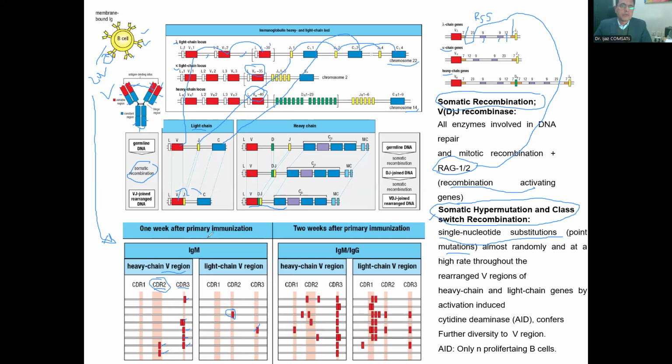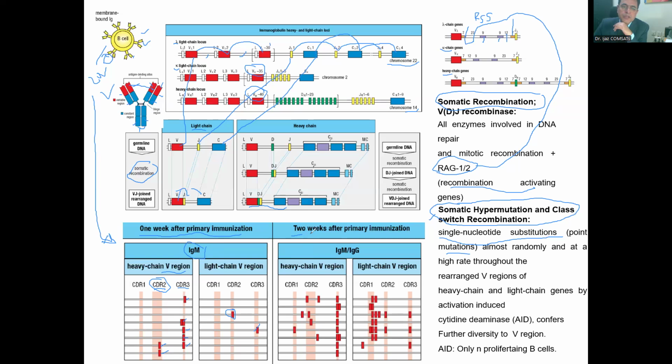When you do immunization or when there is some kind of primary infection and you check the DNA sequences coding for these variable regions in the light chain and heavy chain, you see that very few mutations are found in the case of IgM, the initial antibody secreted by the plasma B cell.